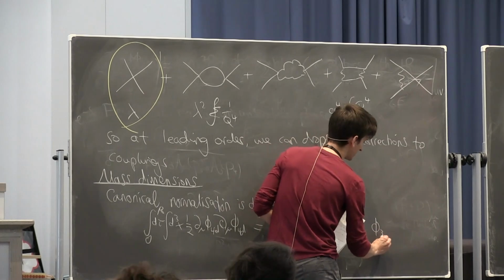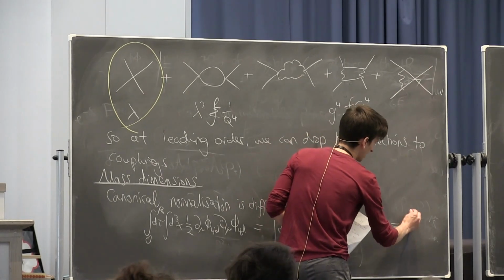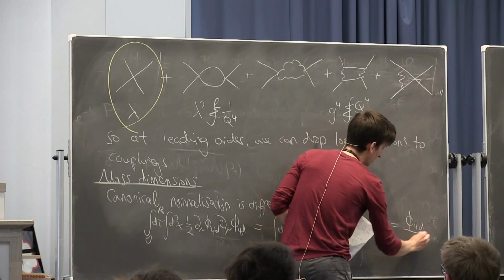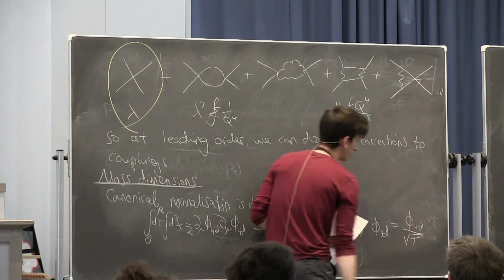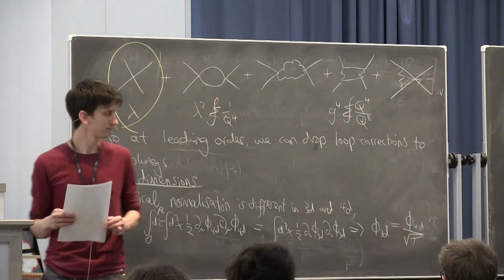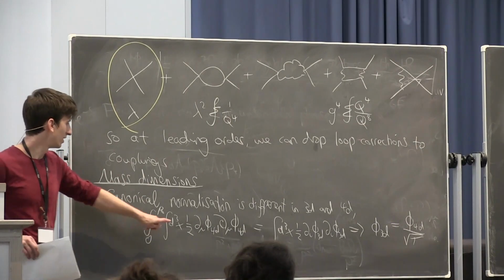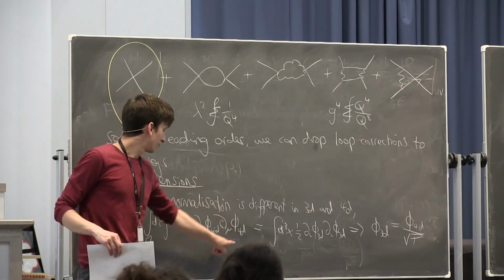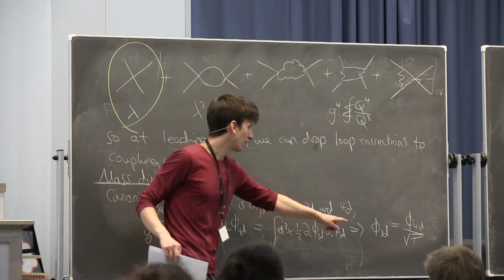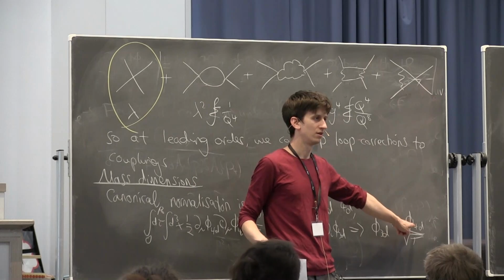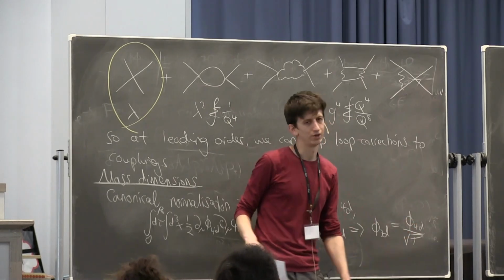Which means that my 3D field is related to my 4D field by 1 on square root of temperature. That's because here we have 1 over temperature, and here we have phi squared, basically. So phi squared 3D is like phi squared 4D divided by temperature.